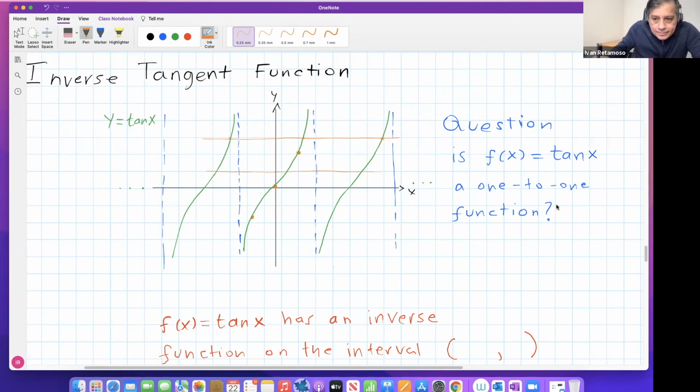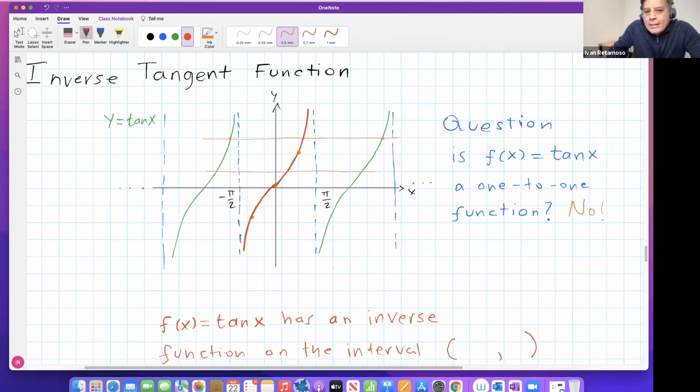Even though it's not here, mathematicians realize that if you take just this piece, again we're going back to minus pi over 2 to pi over 2, where the vertical asymptotes are for the tangent function. So if you take just this piece, it will be one-to-one. It will pass the horizontal line test.